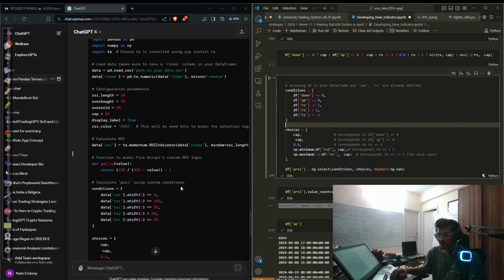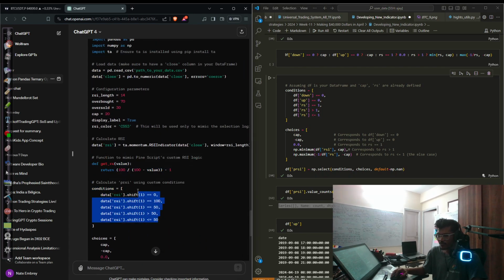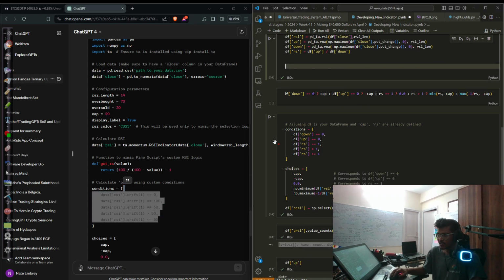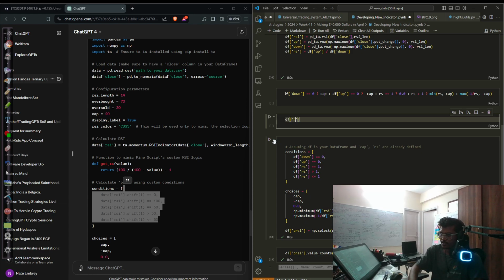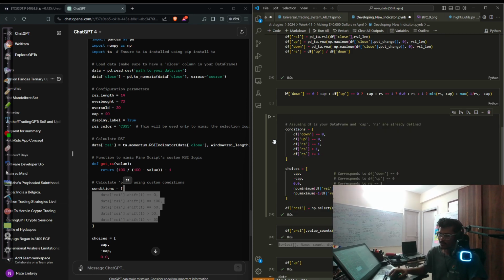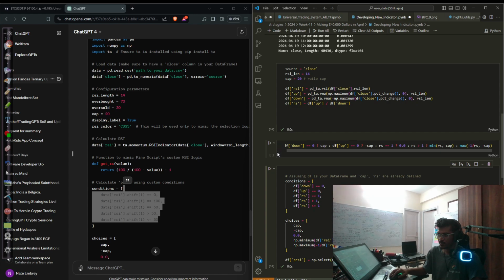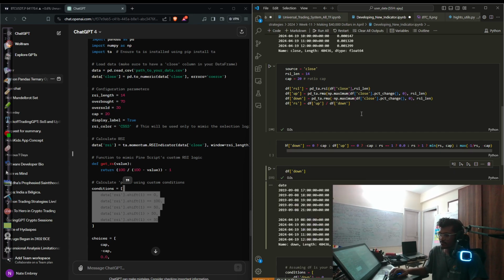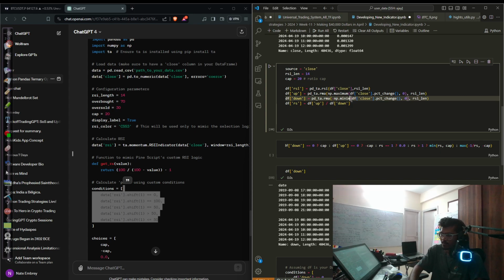Anyway, I just don't understand where it's going with it. So we got that. We got the RS as well, right? Yep. Down. Both are maximum. That's what I was thinking.